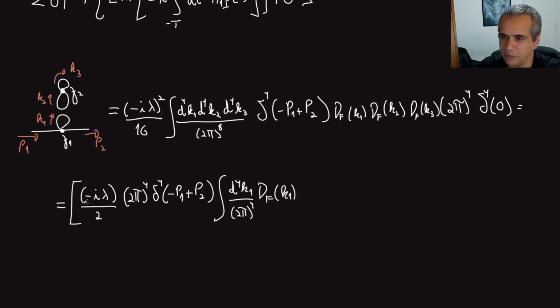You see, there's nothing that depends on K2 or K3 here, so I didn't do anything wrong. I just moved everything that didn't depend on K2 or K3 to the front. The second part will be the other minus i lambda, the rest of the symmetry factor, which is an 8, right?